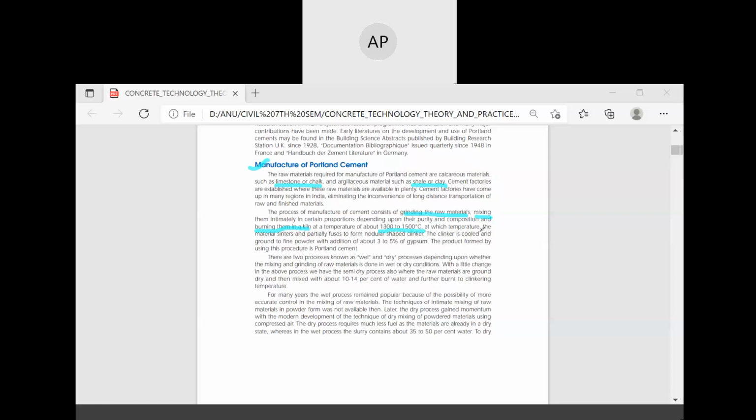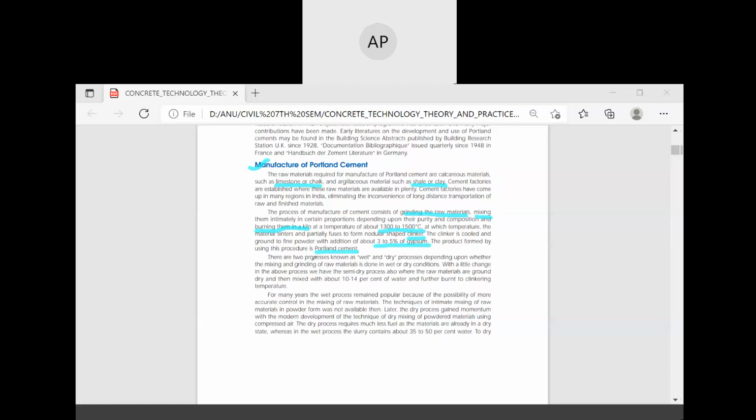At this temperature the material sinters and partially fuses to form nodular shaped clinker. The clinker is cooled and ground to a fine powder with the addition of about 3 to 5% of gypsum. The product formed by this procedure is Portland cement.